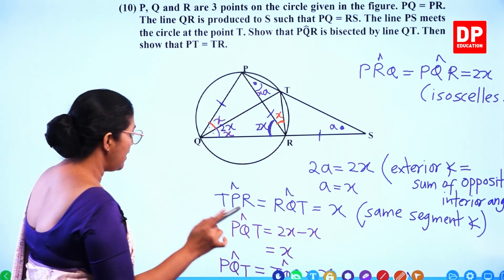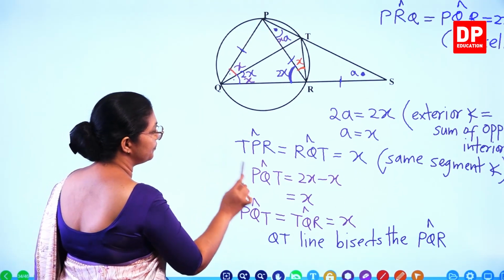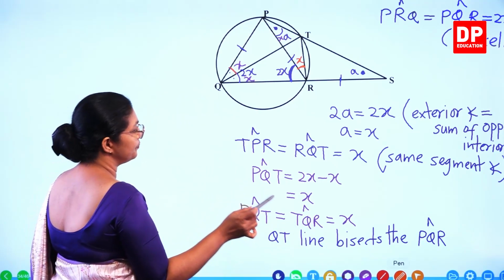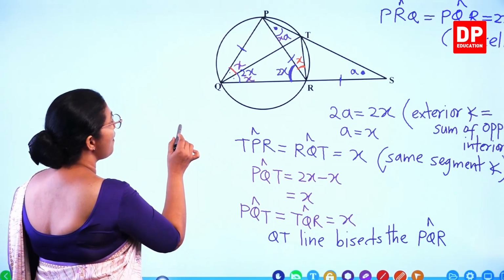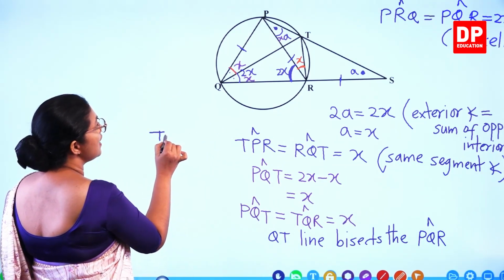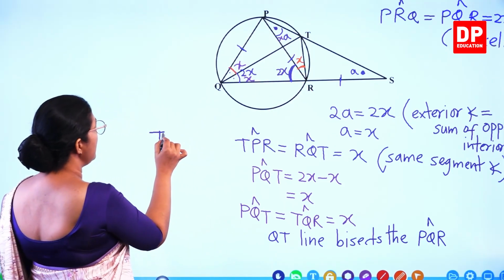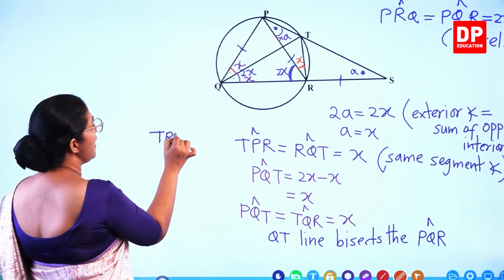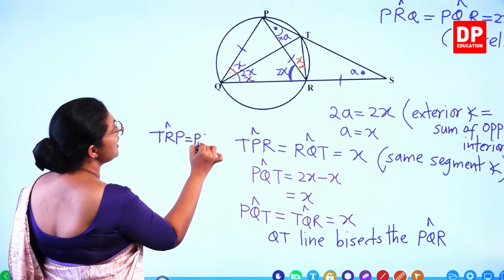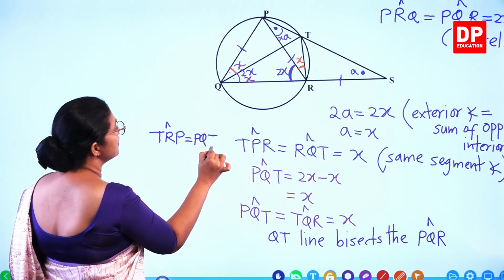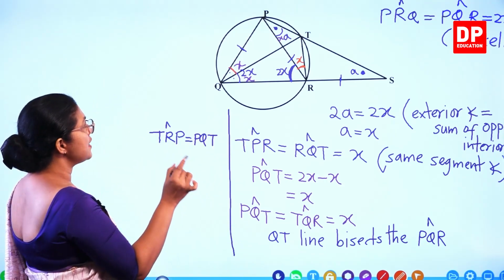So you can again write down angle TRP is same as angle PQT. What's the reason? Reason is same segment angles.